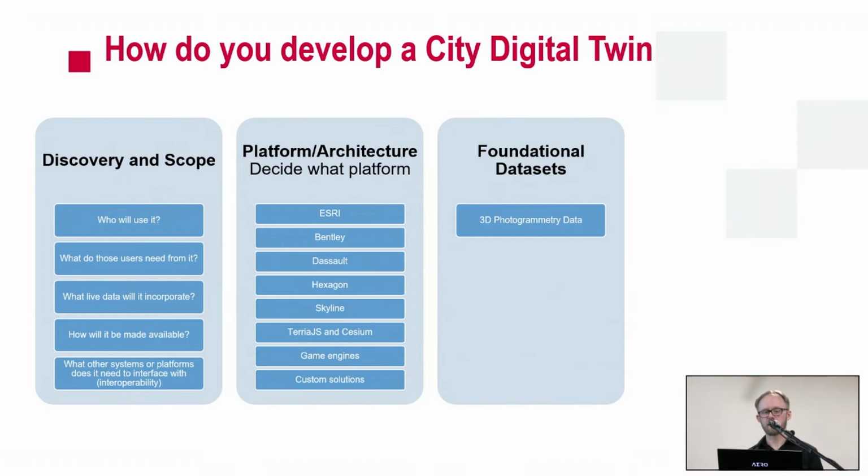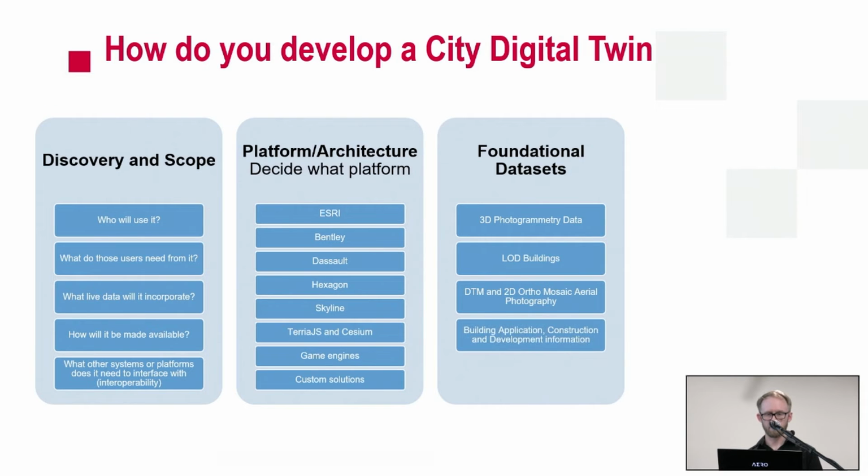But other key data sets that we find work really well in digital twins are 3D photogrammetry data, LOD building models, so simplified building models, DTM and 2D orthomosaic imagery, building application, construction and development information. So this is again one of those pieces where if you're building a digital twin of a location, you don't want it to be a snapshot, you want it to be a live model that is actually kept up to date. So that means that you have to put development applications and the growth of your location back into there, or replace those original foundational data sets.